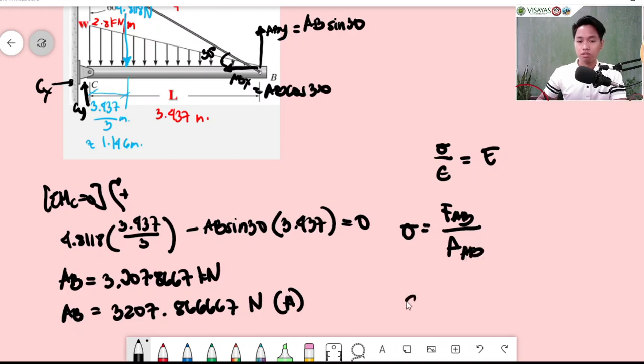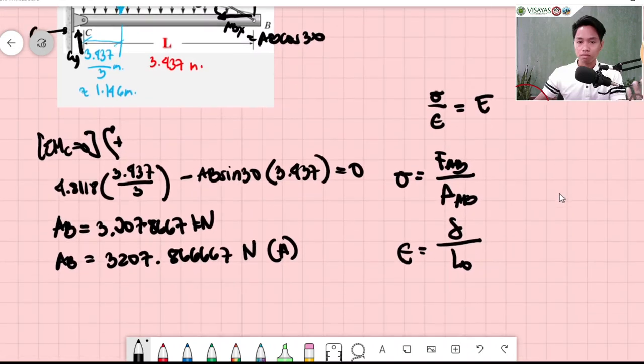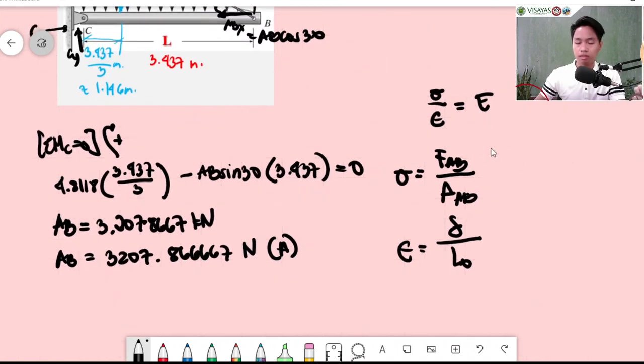Then your strain is simply your deformation divided by the original length. We don't need to memorize this. Your stress is equal to force over area. Your strain is equal to deformation divided by the original length.